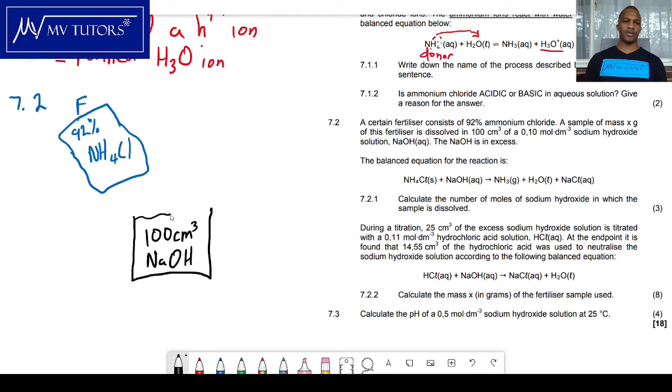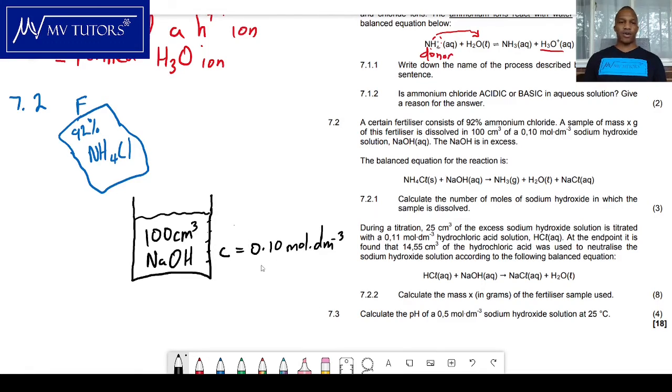Okay, and it's a liquid, right? Cool. All right, so this is our container, right? Okay, so what else can we get? Of 0.1 concentration of it. So we have the concentration, which is 0.10 mole per decimeter cubed. So there's a difference between these two.